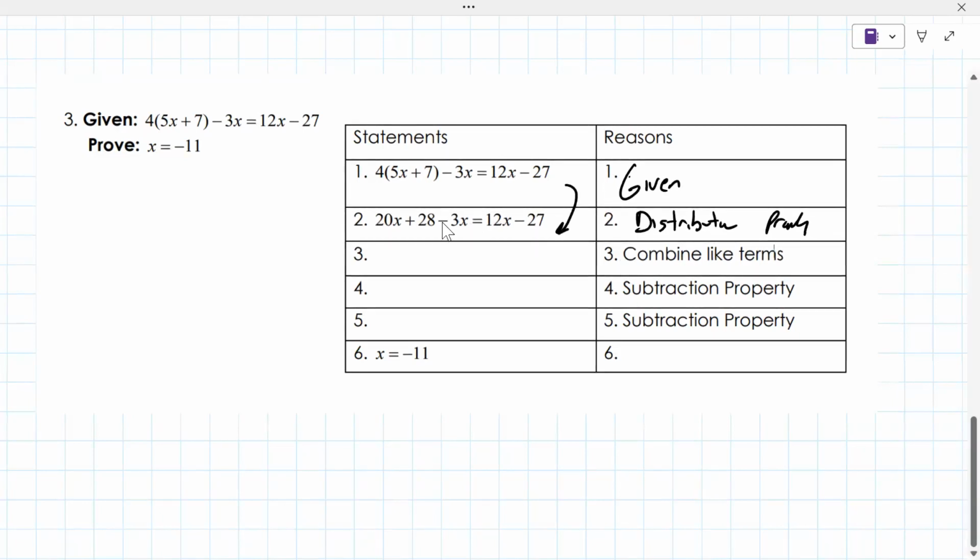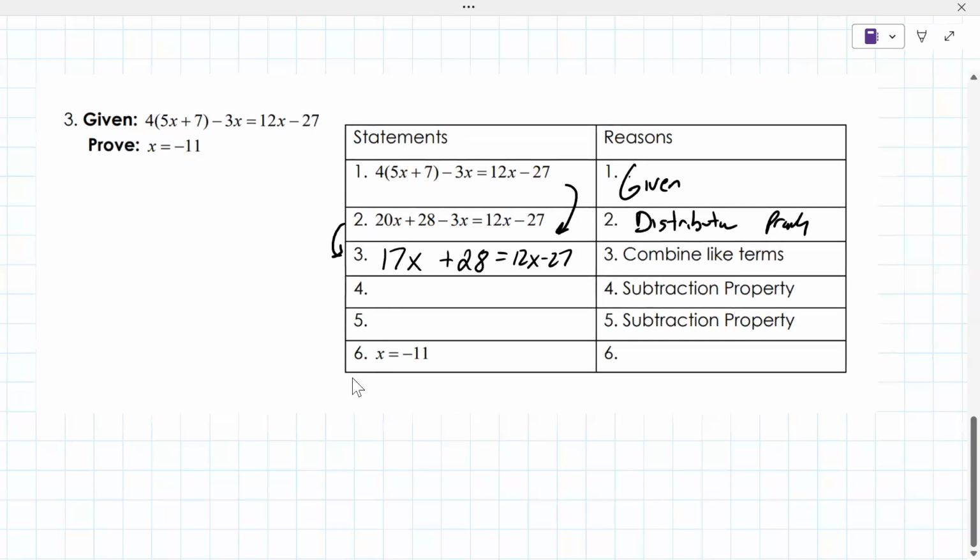Now, to go from 2 to 3, they're telling you combine like terms. What do they mean by like terms in this? Combine the x values and the non-x values. That's right. So what does the left side become when you combine the x values and non-x values? 17, and the right side is, yeah.